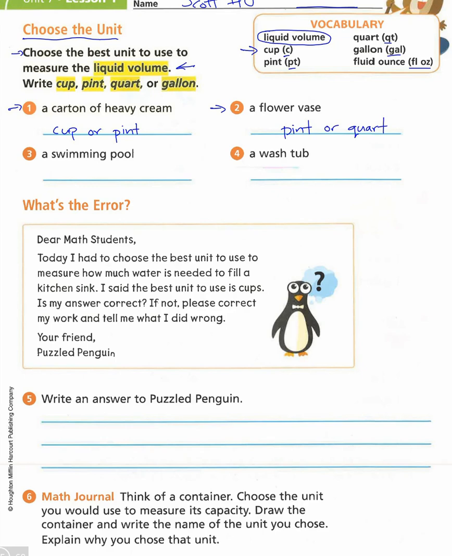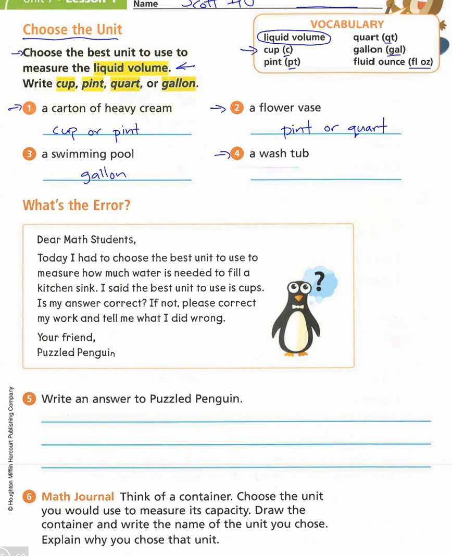Now, swimming pool, pretty straightforward. Go ahead and fill that in. Yeah, the best one would be to use gallons on that one. Now, number 4, wash tub. I'm not sure if they mean a bathtub or a sink, or what they mean by that.